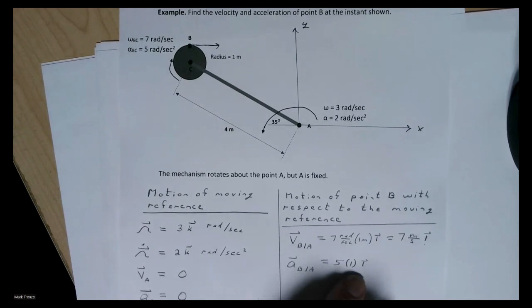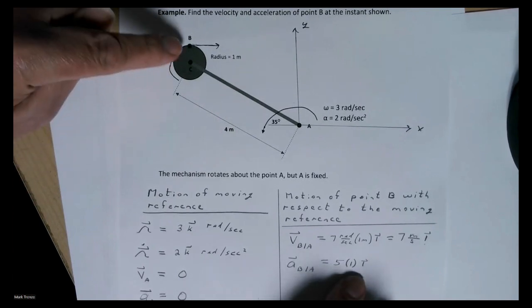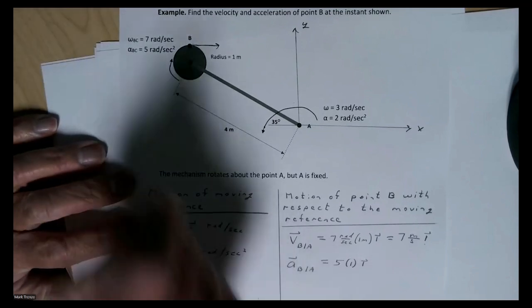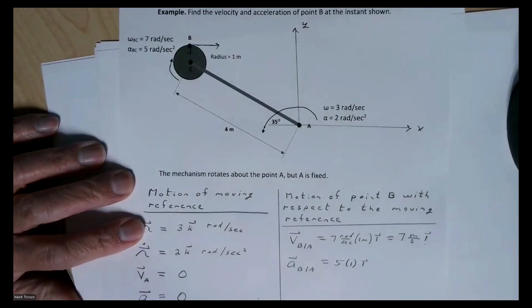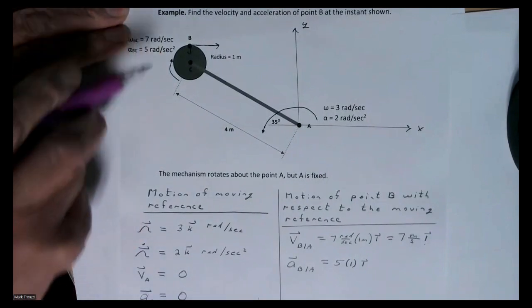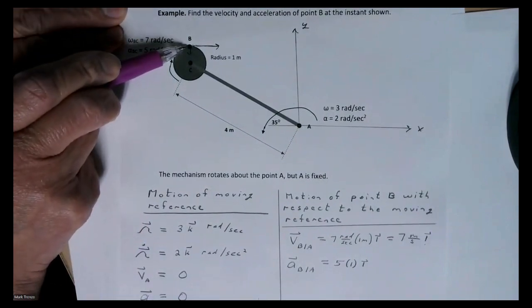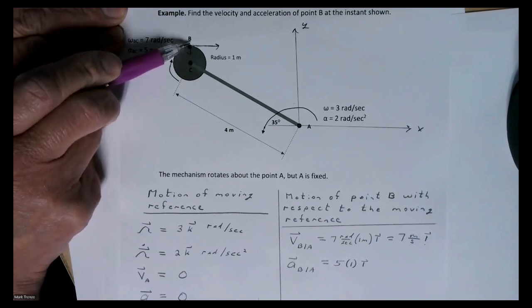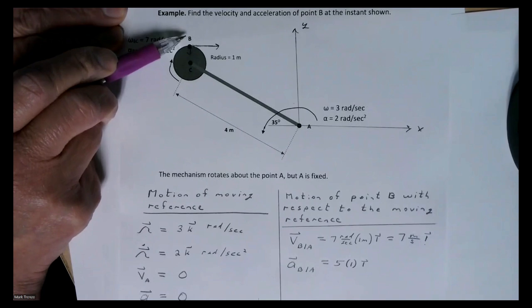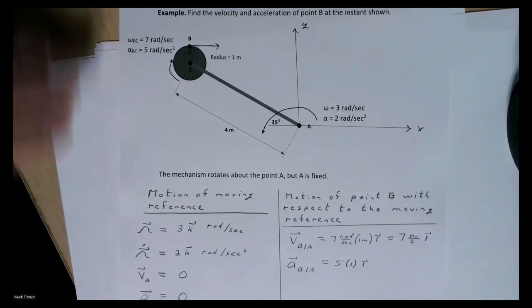So that's I. Now, we're also going to have a normal acceleration, which is going to be towards the center of C. You probably can't see my arrow very well. Remember, the normal acceleration is always towards the center of the object about which it's rotating.